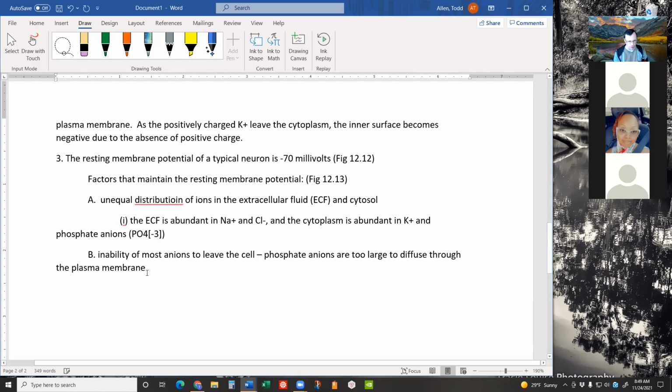Okay, and then the third and final point is this big fancy word called electrogenic, the electrogenic nature of the sodium ion, potassium ion ATPases. A lot of times people call these sodium potassium ATPases the sodium potassium pump.